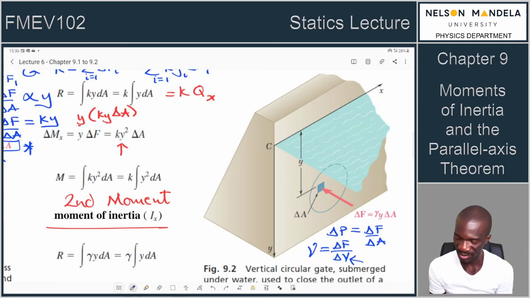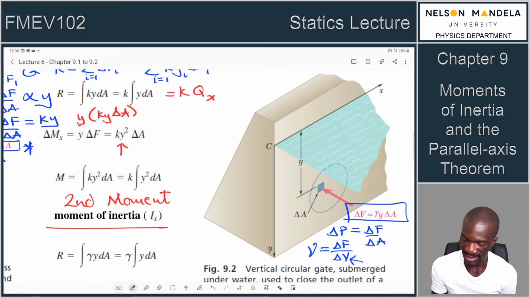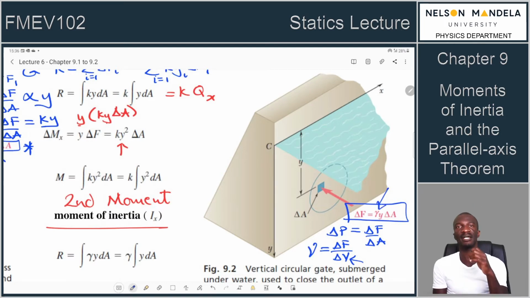We are just now trying to find the moment of inertia, the first moment of that equation, and then the moment of that force, and then we find the second moment. So what we see in these two equations is that this k for the dam walls is actually replaced by a constant gamma. So it's one and the same thing.